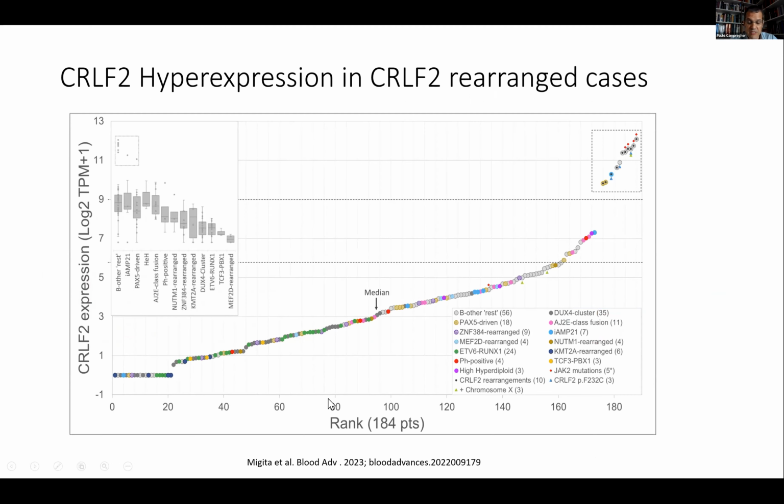So this is a very recent publication, from a group from Brazil, where they used targeted RNA sequencing with about 13,000 genes. And we can see here that in the cases where we have CRLF2 rearrangement, we can detect most of these cases, in this situation, all of those cases, by the overexpression.